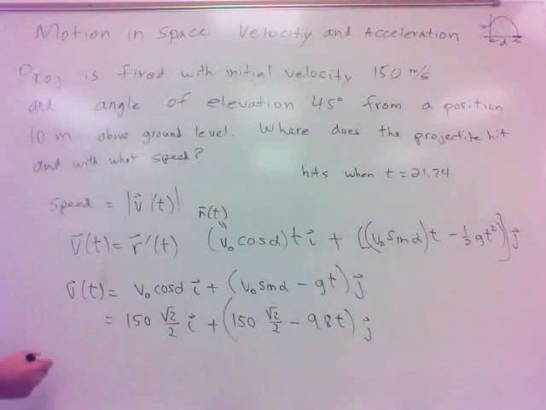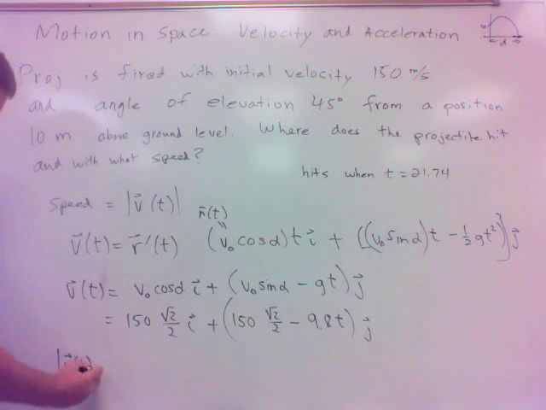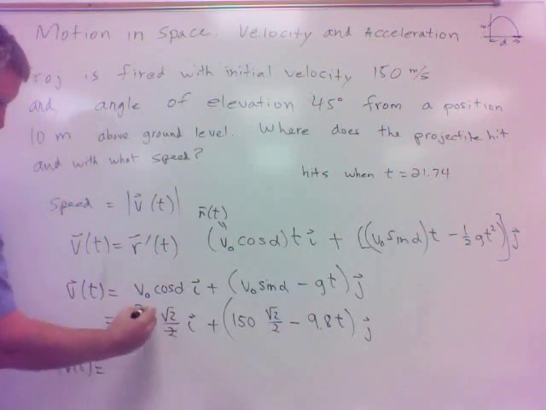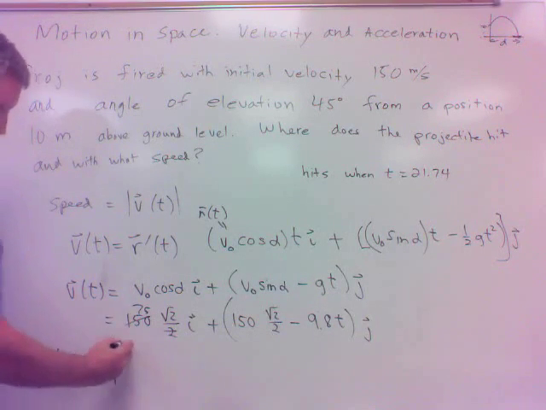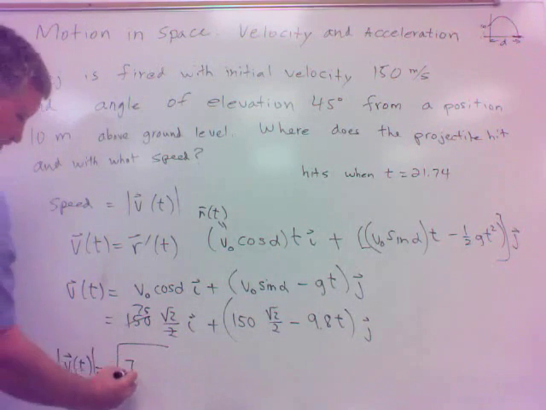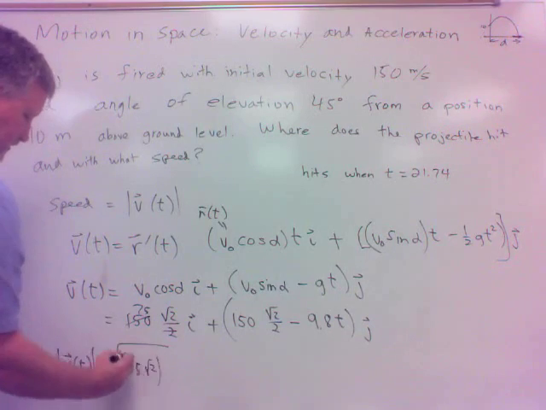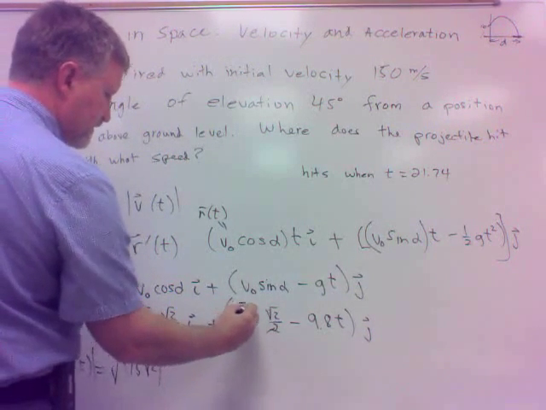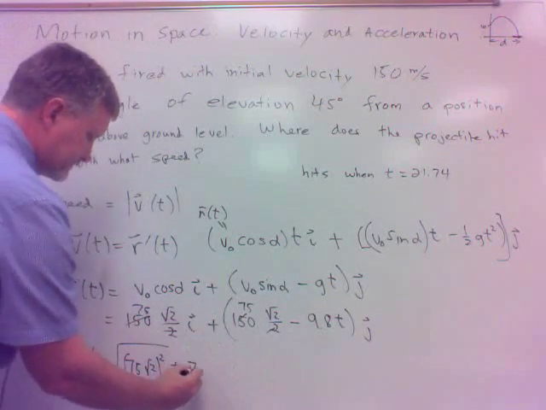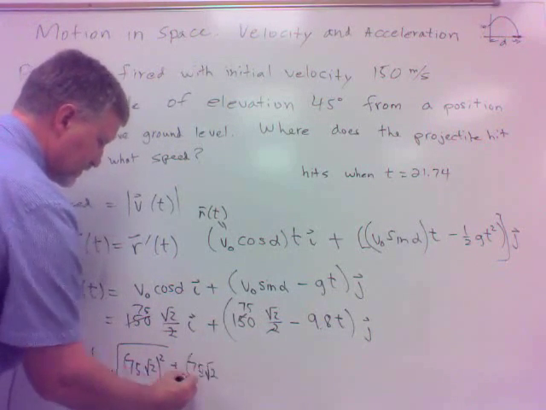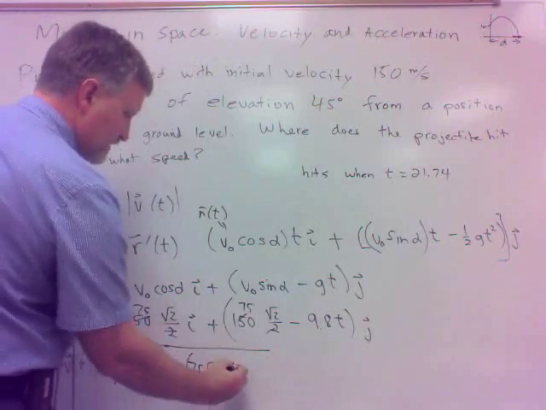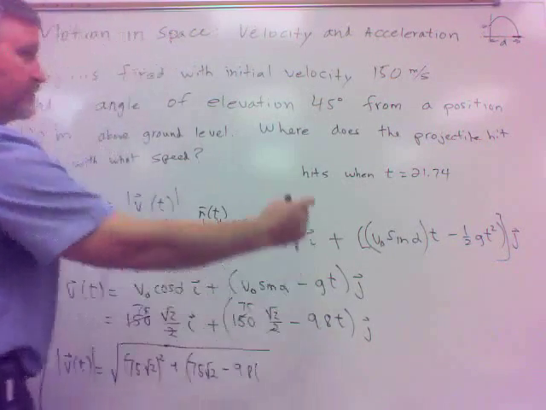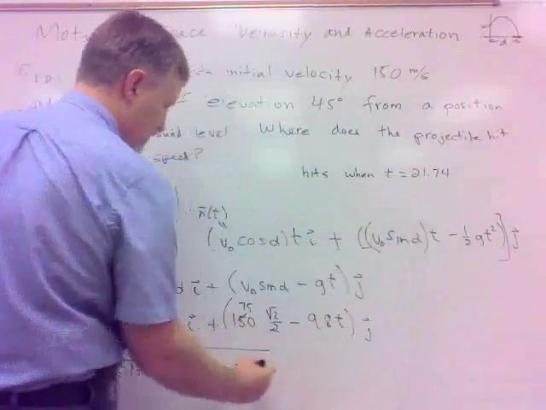So the magnitude would be the square root of 75 square root of 2 squared plus 75 square root of 2 minus 9.8 times the time when it hits the ground, 21.74, squared.